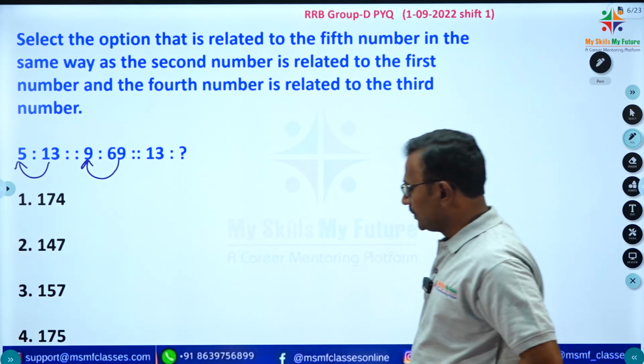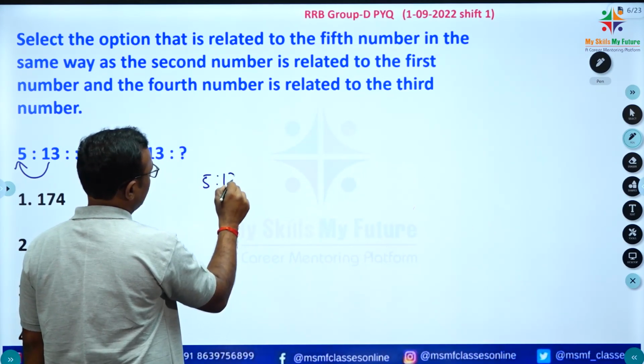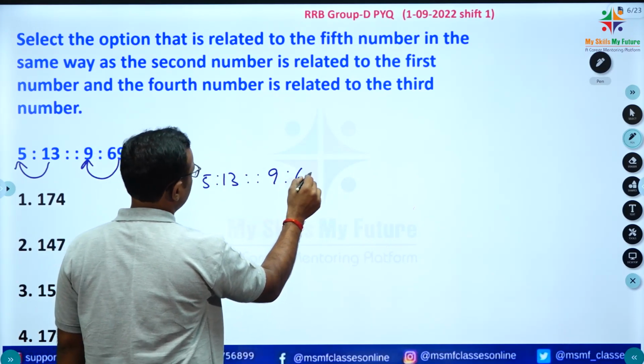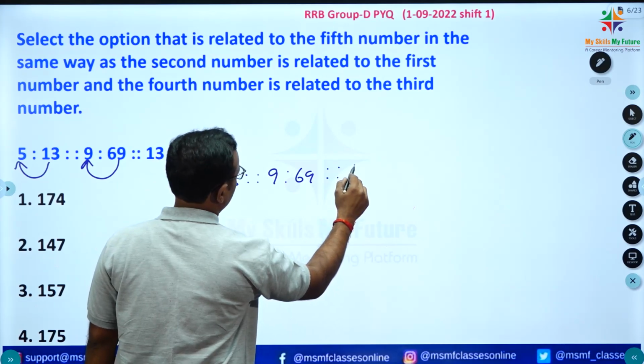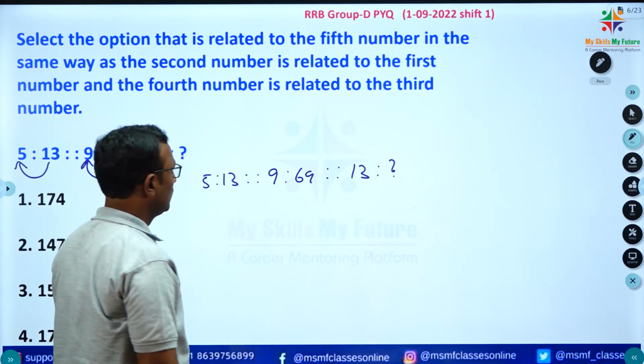So what is the relation? 5 is to 13, 9 is to 69, 13 is to, we need to find what will come in the question mark.